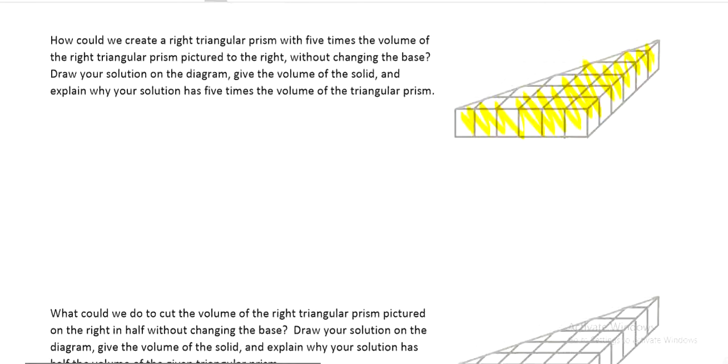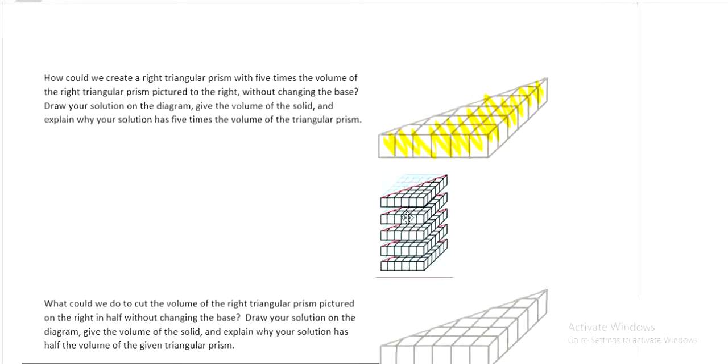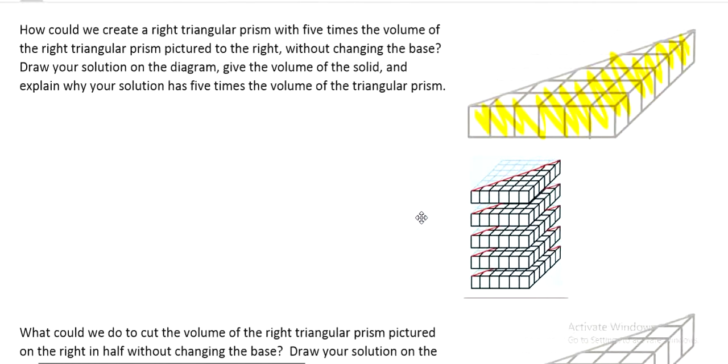We could take this right triangular prism, and instead of just having it be 1 unit tall, we could make it 5 units tall. Let me show you what that would look like. So there we go. You don't have to draw it. I know that is challenging for people with artistic ability, so definitely out of my realm of possibility.